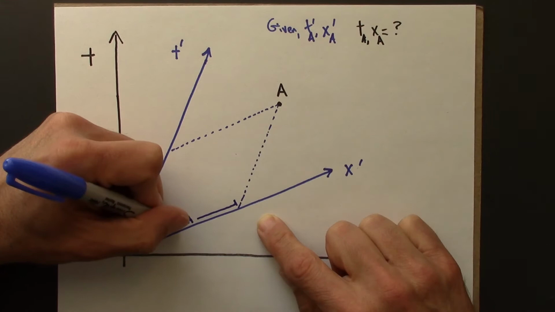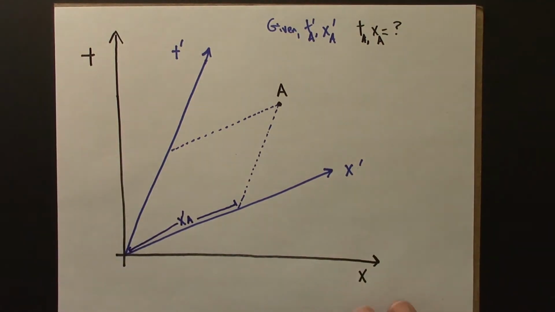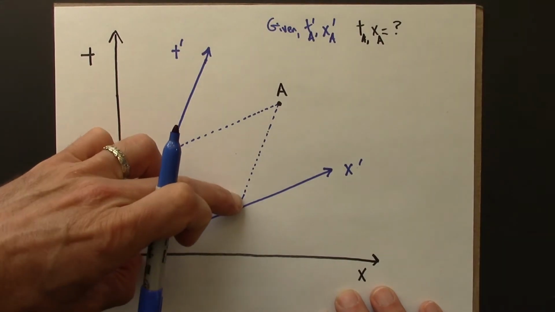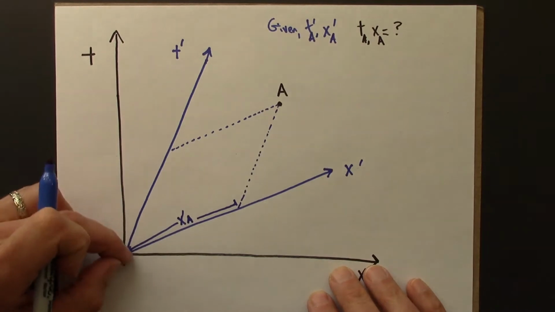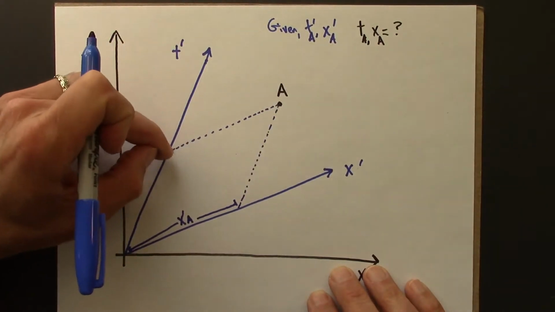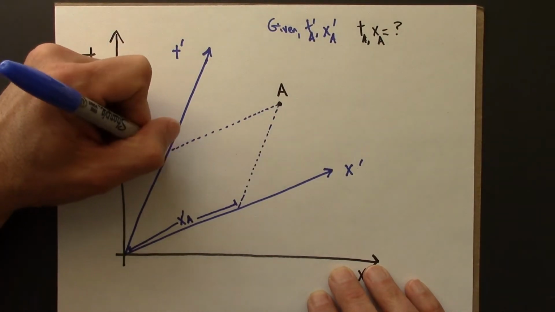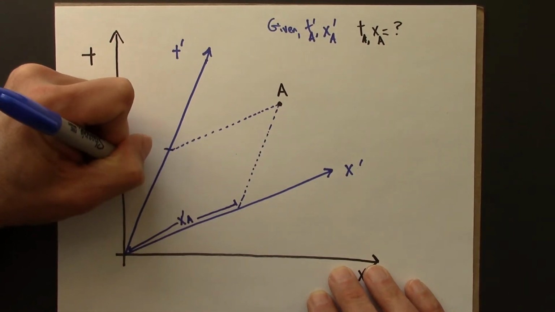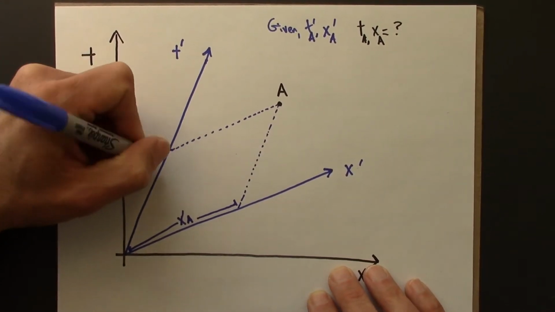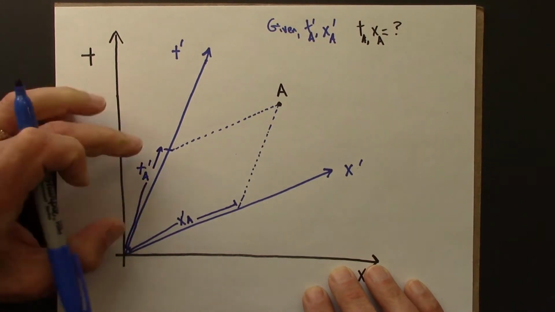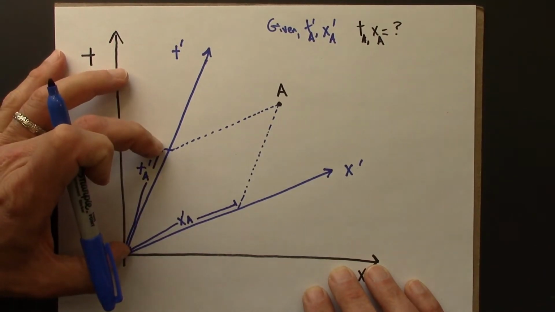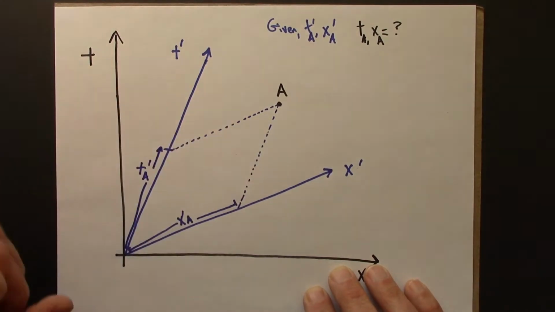That's a distance from there to there. And let's see, the time for this event, we'll go here and we'll read it off of this axis. So from here to here, this is t prime of A, this is x prime of A.